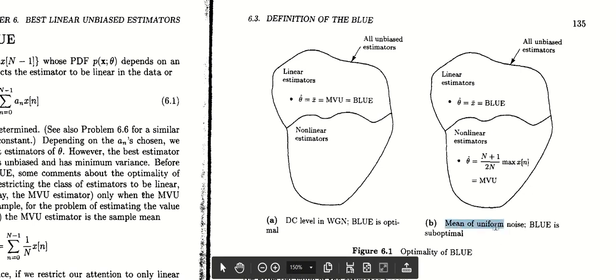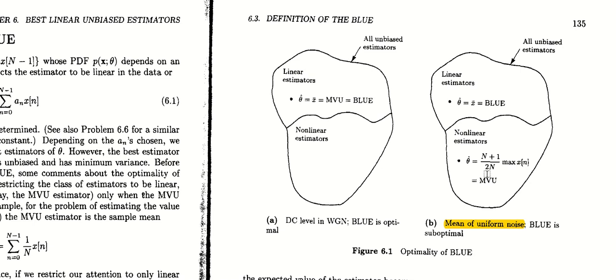But for this uniform noise example, in fact, the MVU stays in the nonlinear domain. When you are doing linear estimators, it has to be a linear combination of the data.